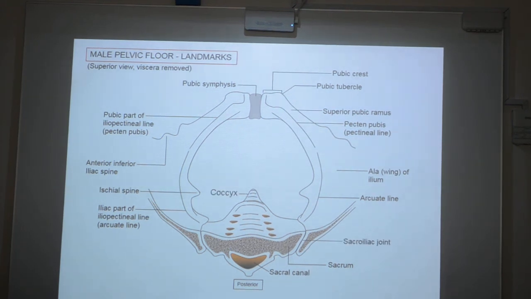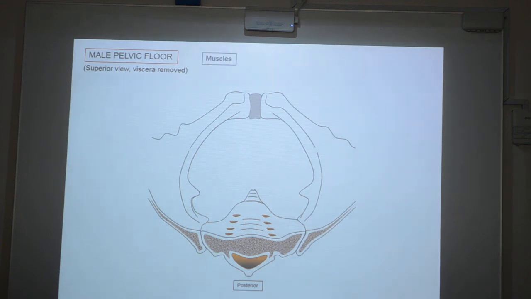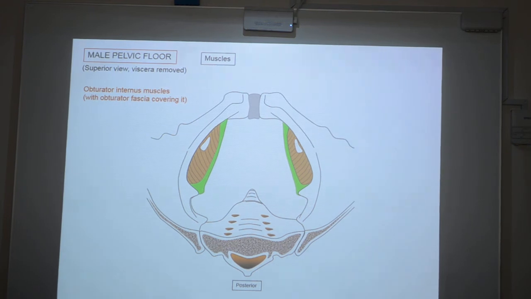Now, the floor. Do we know this muscle? Yes. Obturator internus. Very good. Who is this? Tendinous arch, which is the thickening in the fascia of the obturator internus.